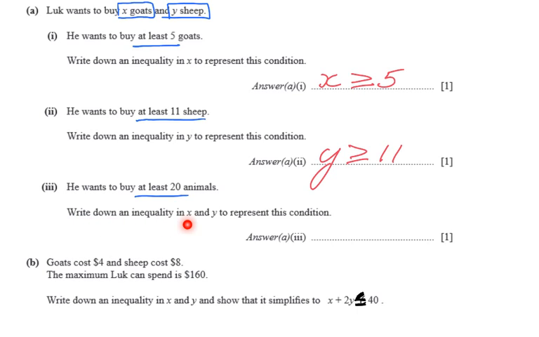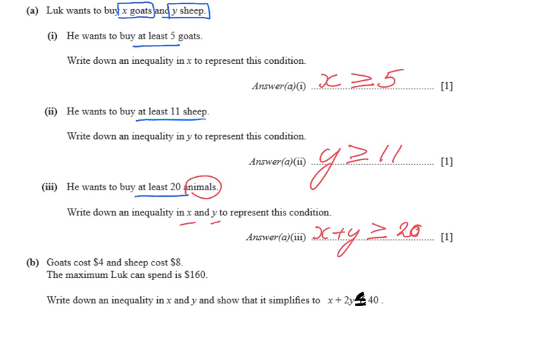Write down an inequality in X and Y to represent this condition. So we're talking about animals. Those are the goats and sheep together. That's why it's X and Y. If I add up all the animals, so X plus Y, at least, so that should be bigger or equal to 20. That is what it means. There we go.